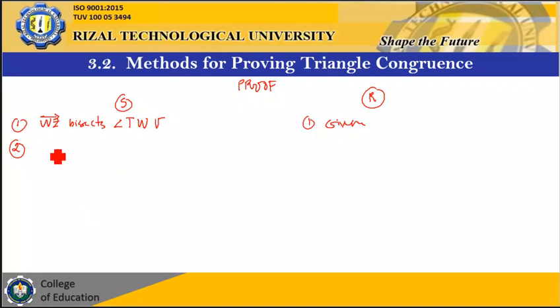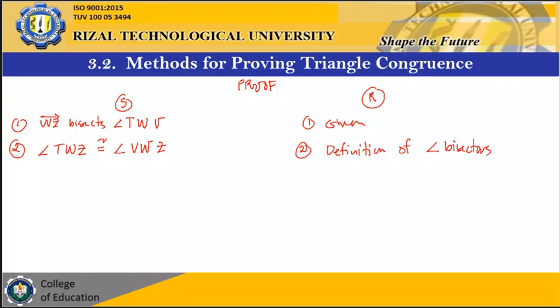So therefore it follows that we have angle TWZ is congruent to angle VWZ. Okay, and that's the definition of angle bisectors.